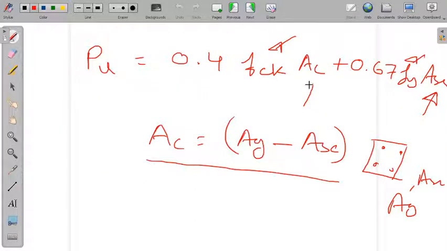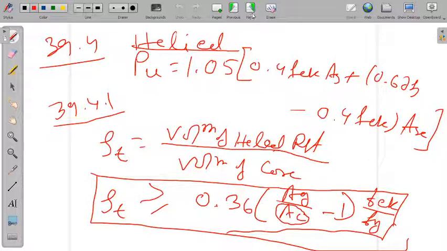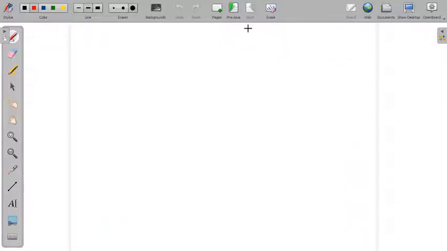So don't be confused. Here for the area of concrete you can say CO. The book uses the same symbol, that's not good. CO is the concrete, and here it is talking about the area of the core. We'll discuss more in the problem. So this is the basic guideline for axially loaded short columns.